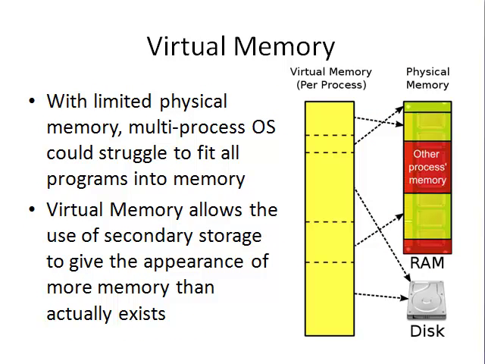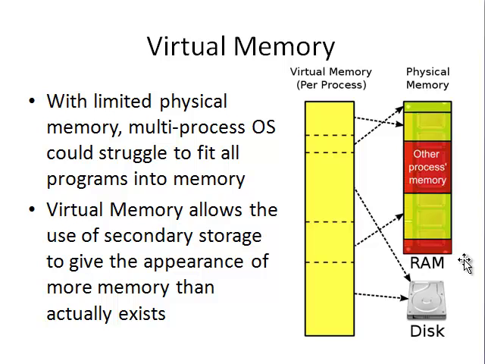Now, with limited physical memory, as windowing operating systems and multiprocessor operating systems grew, they could reach a situation where they would struggle to fit all of the running programs into memory at the same time. So here we've got a situation where an operating system is running a number of processes, and they use up an amount of memory that's actually greater than the physical memory installed on the computer.